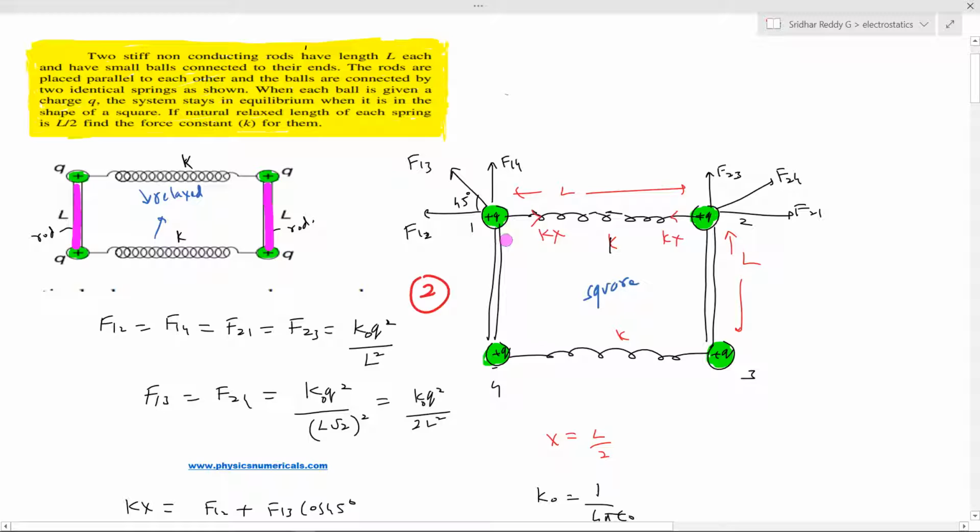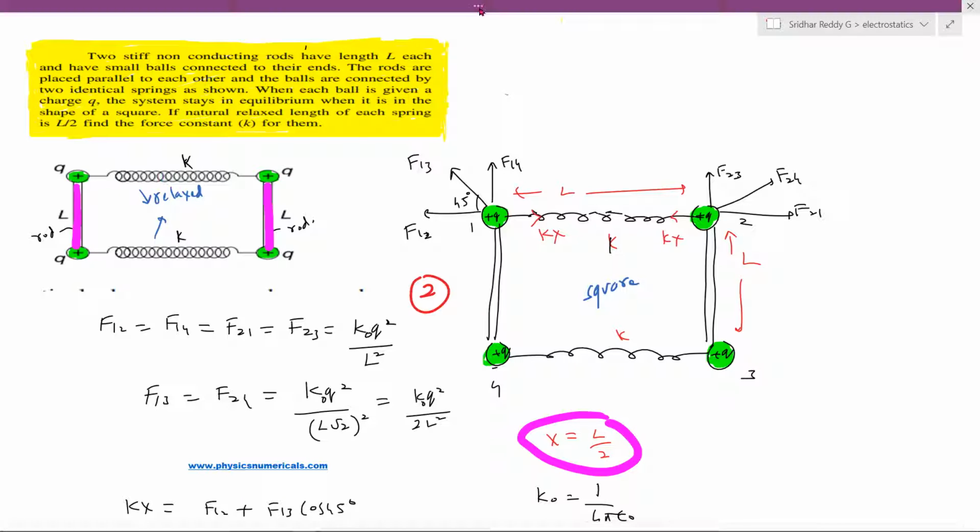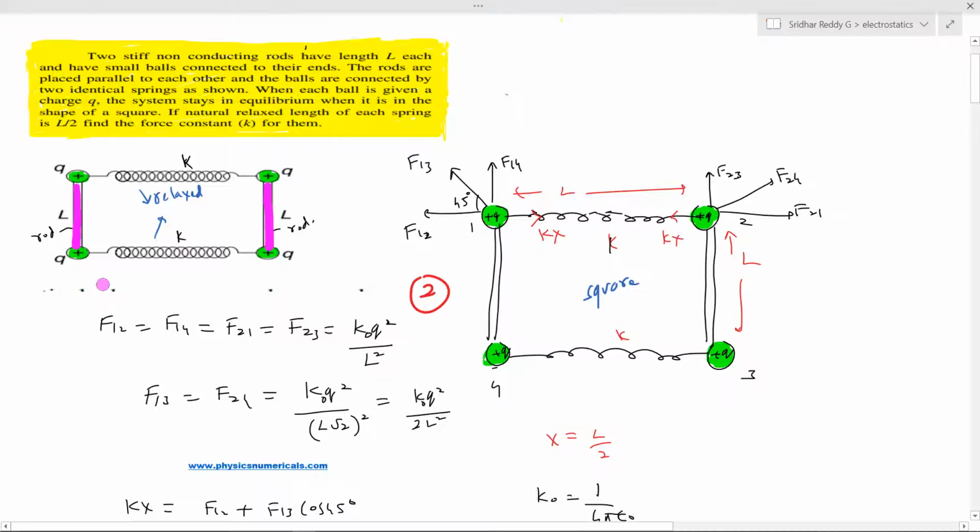Okay, got it. Now finally they'll attain equilibrium. What will happen to the length of the spring? It becomes a square frame. Then how much should the elongation of the spring be? L by 2. Because earlier, what was the length? Earlier the length was in fact equal to L by 2.